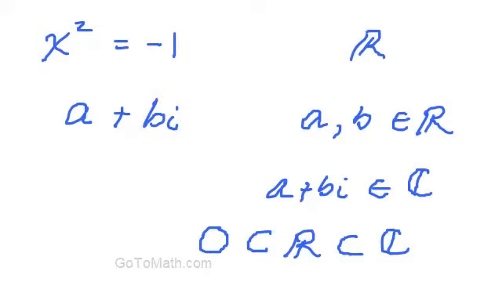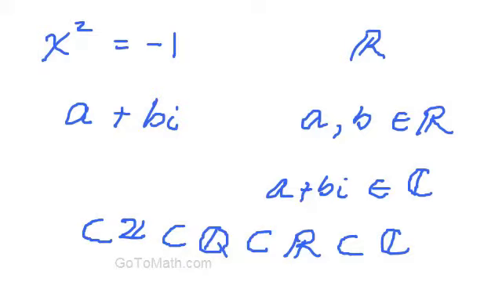We're going to label the rationals as Q, and what's contained in Q is Z. Z is a subset. What is Z? Z is the integers. All the integers are contained in the rational numbers.